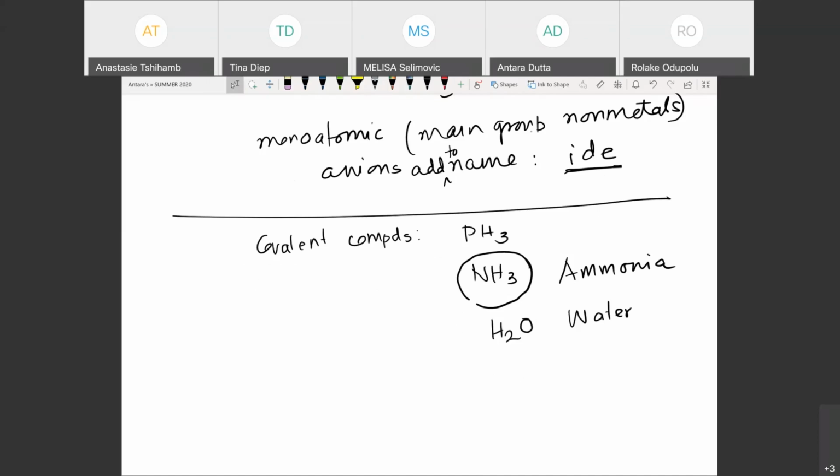And another rule I told you: the element which is first should be the one further left on the periodic table, and anything on the right-hand side should be the element more to the right of the periodic table. That is our rule. But sometimes you see exceptions, like ammonia, where hydrogen comes after N, whereas hydrogen should be before N. So those things happen sometimes.